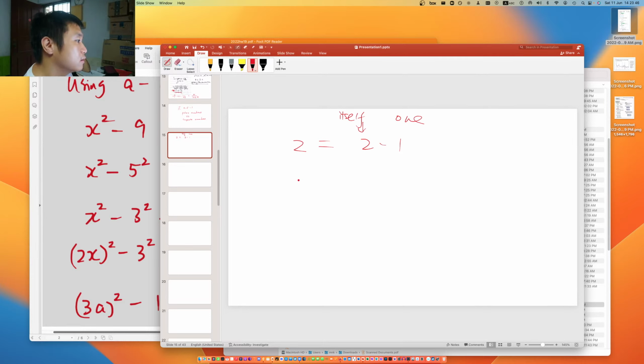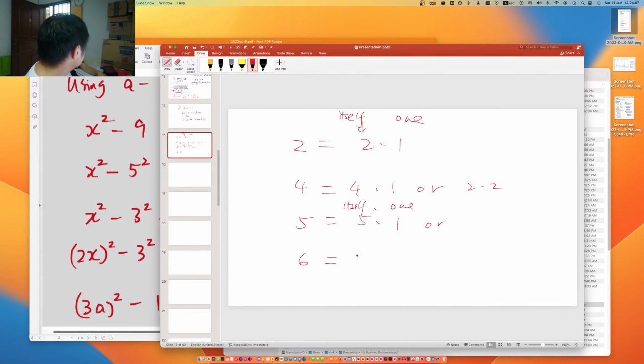Okay? 4, you can split to 4 times 1 or 2 times 2. 5, you can split to 5 times 1. 5 is itself, then 1 is 1, right? Can you split to any other combination? No. 6, you can split to 6 times 1 or 3 times 2, right? Any other combination? Okay, good.